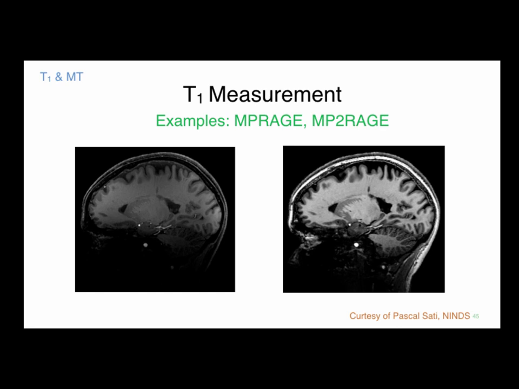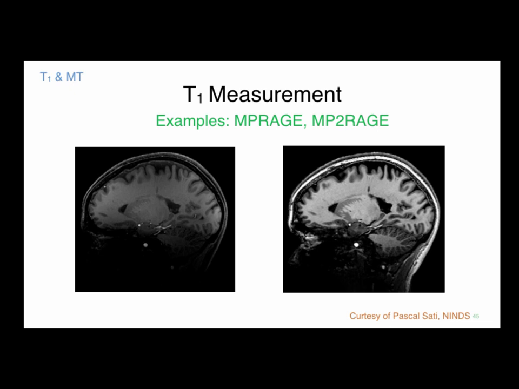It shows an MPRAGE and an MP2RAGE. So that is frequently used, not so much for T1 measurements, but for a nice anatomical contrast. And you can see if you do the MPRAGE itself, you're missing, for example, a large part of the lower side of the brain, because the coil sensitivity is lower.